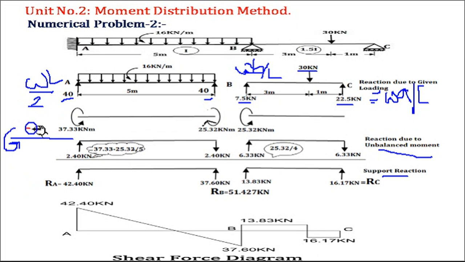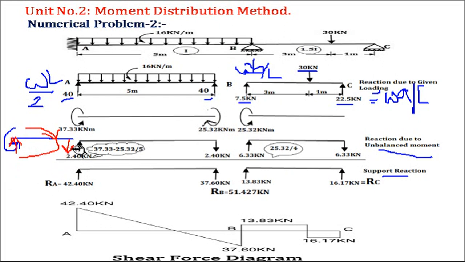Here we have to show the support reaction acting in clockwise direction so that the structure will be balanced. That means at B you show the reaction acting downward and at A you show it acting upward. This structure will then rotate in clockwise direction and it will be in equilibrium.